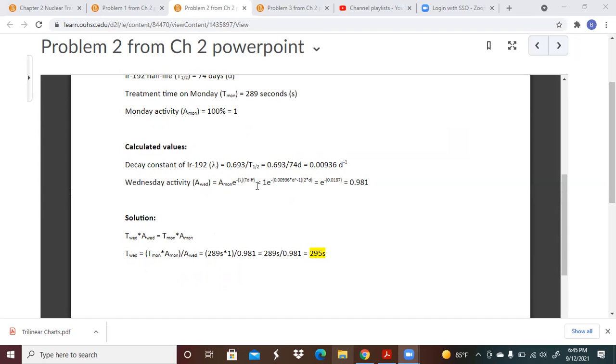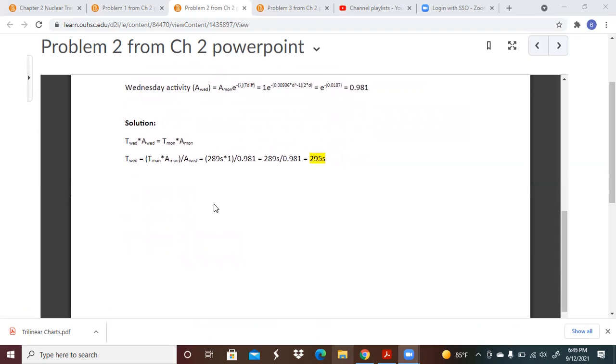And we know what the difference in days is going to be because we're doing this from Monday to Wednesday. We're going to call this A sub naught, essentially, and this is just going to be regular A. So we put all this information in, calculate this, and we got 0.981.